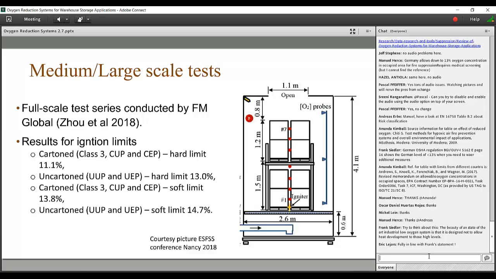So I just want to mention also one part of a test series which was done by FM, where they increased, let us say, the size to a medium scale setup.